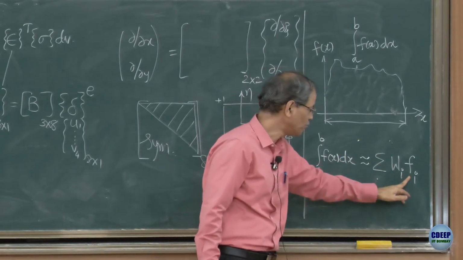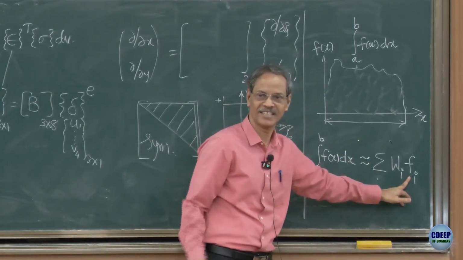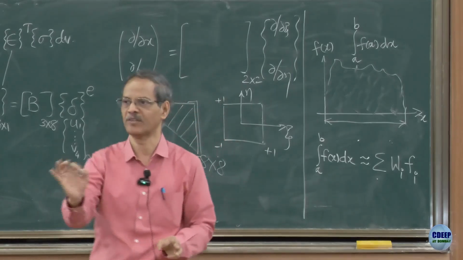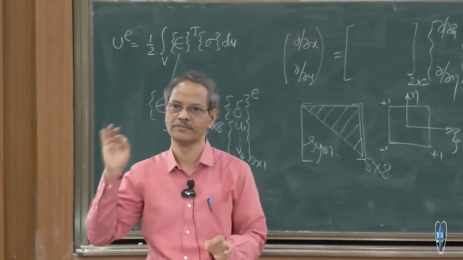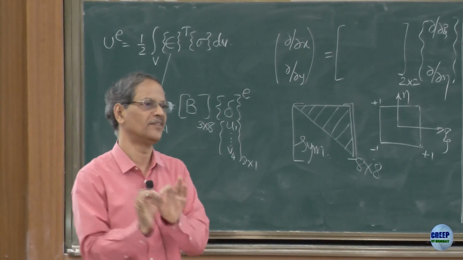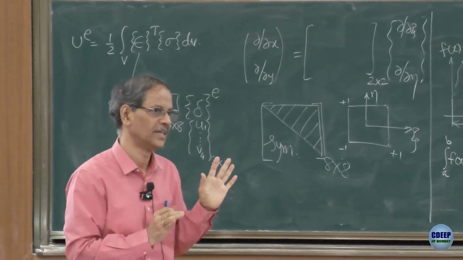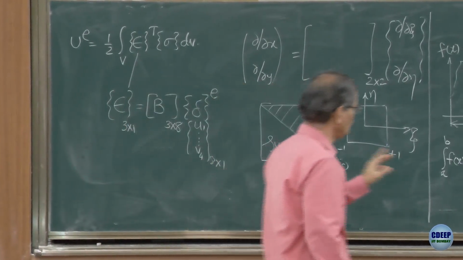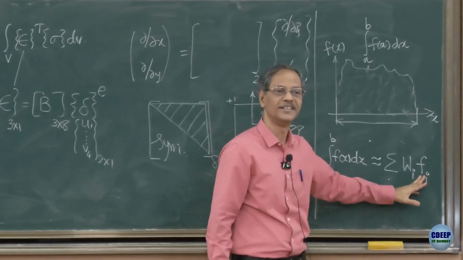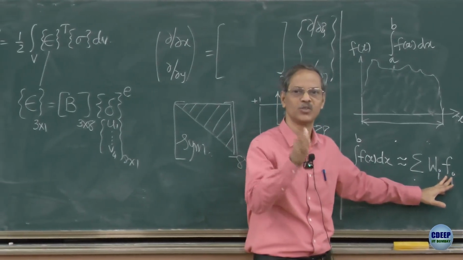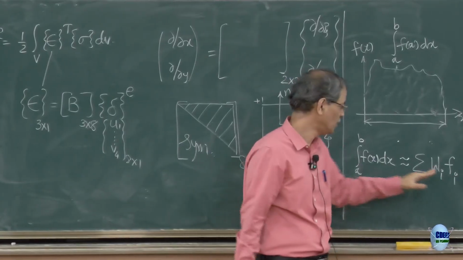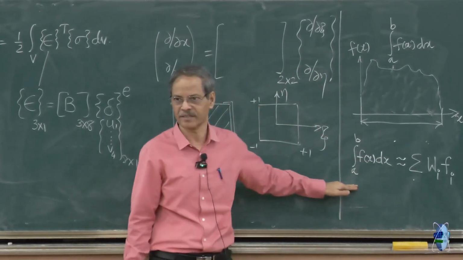But you sample the function at some uniform intervals, multiply it with a suitable weight. You take more intervals, that is, at more points you sample the function, you will be approximating it better and better.